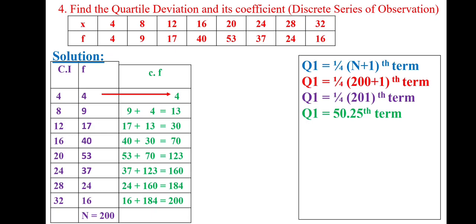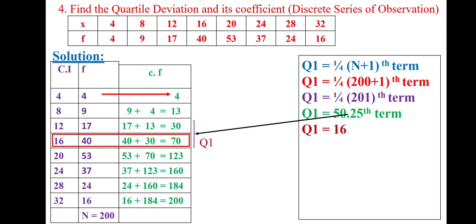Where does this term lie? It lies between 30 and 70. In that, the maximum is 70, so we take the x value against it. Q1 equals 16. This is the way we find it.